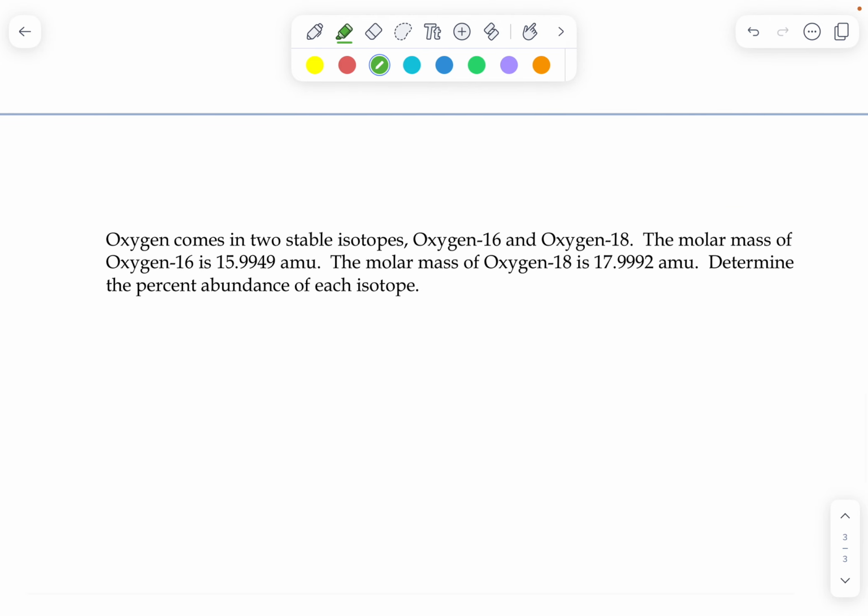It does not matter which one you make the X and which one you make the 1 minus X, as long as you remain consistent. So, what if I make oxygen 16 my X, let's say, and oxygen 18 is going to be my leftovers.